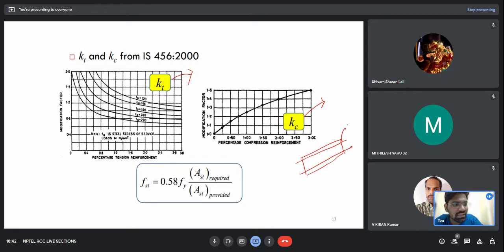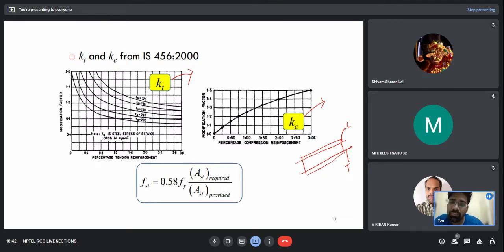So this is the tensile steel, this is the compression steel, and this is the tensile steel. So it has been observed that the compression steel is responsible for reduction in the deflection, while tensile steel is responsible for increase in the deflection. Okay.